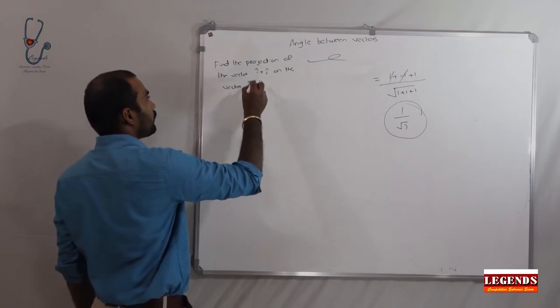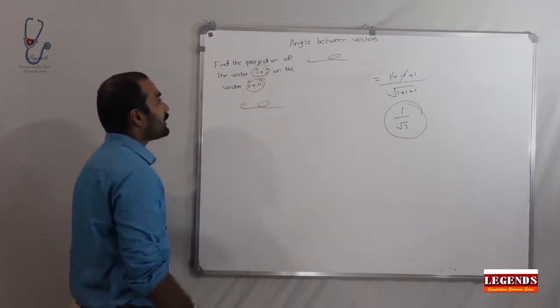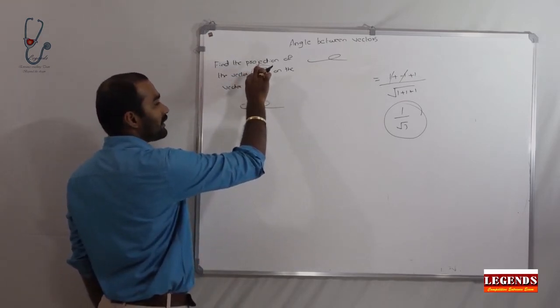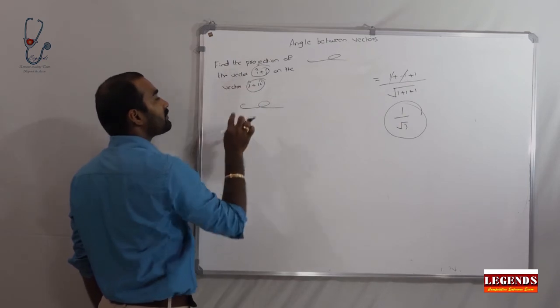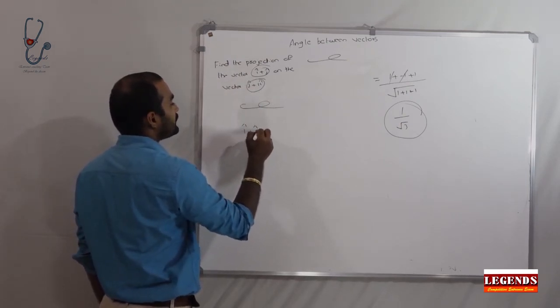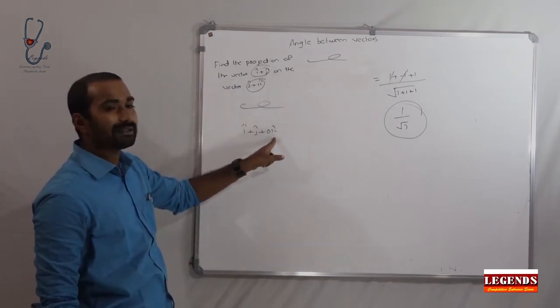That means first of all, find the dot product of the given two vectors, divide it by the magnitude of the second vector. Here the coefficient of i is 1 and in the other there is no i, that means 1 into 0. We can write the standard form i plus j plus 0k. In the first one there is no k, we mark it as 0k.